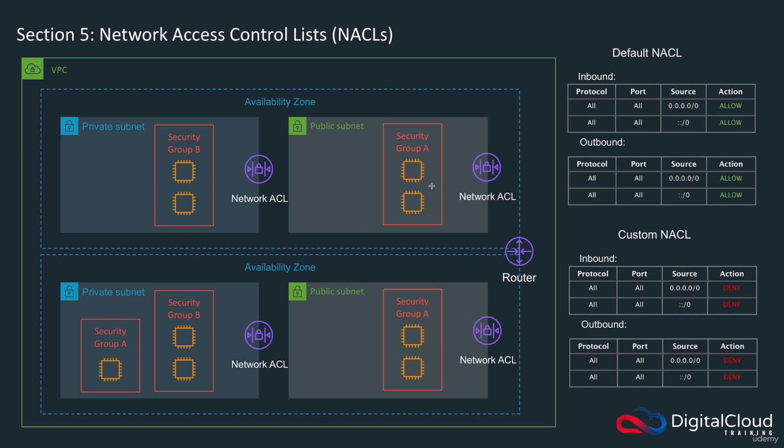which is what we call an implicit deny. So with a network ACL instead, you have a list of rules, and the rules are processed in order from the first to the last. And you'll see when we go over to the console that they're actually numbered. I don't show it in the tables here, but they each have a number. So you might have 100 and then 101 or 200, 201 and so on.